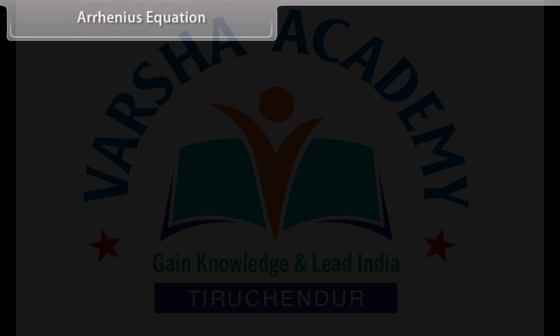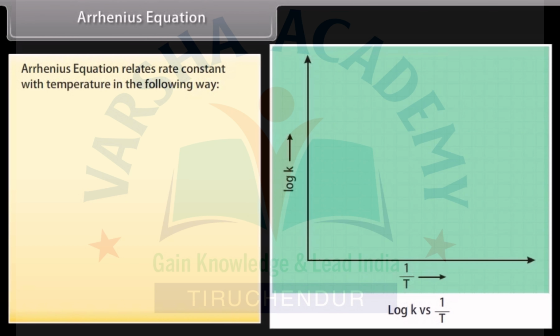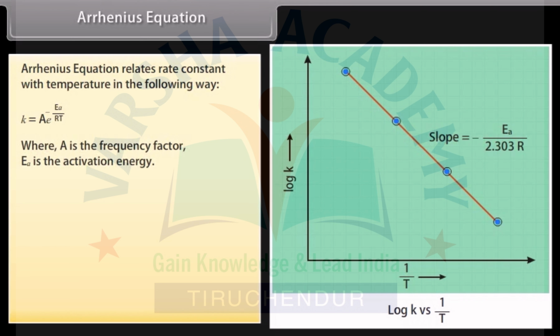Arrhenius equation. Arrhenius equation relates rate constant with temperature as k = A e^(-Ea/RT), where A is the frequency factor and Ea is the activation energy.